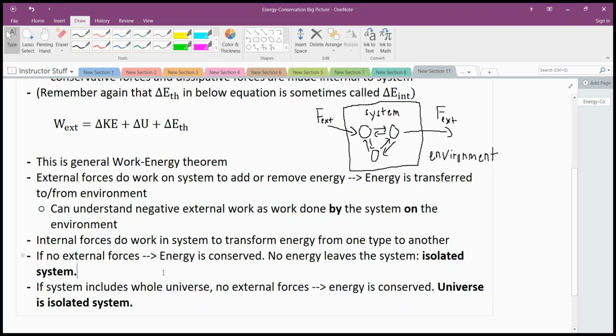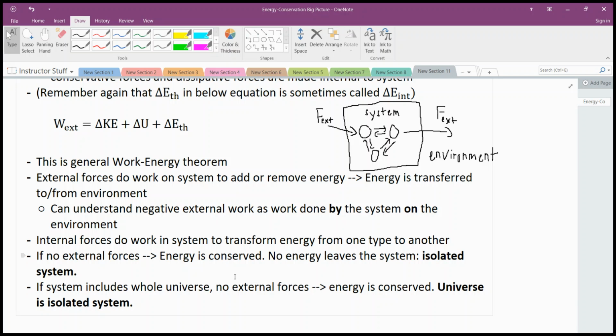Make the system the entire universe, include the whole universe. If that's the case, then by definition, there can be no external forces because you have included every single possible thing inside the system. Well, if there are no external forces, then there can be no external work done, and therefore the sum of all these terms is going to be zero. We get energy conservation. So the universe is an isolated system.